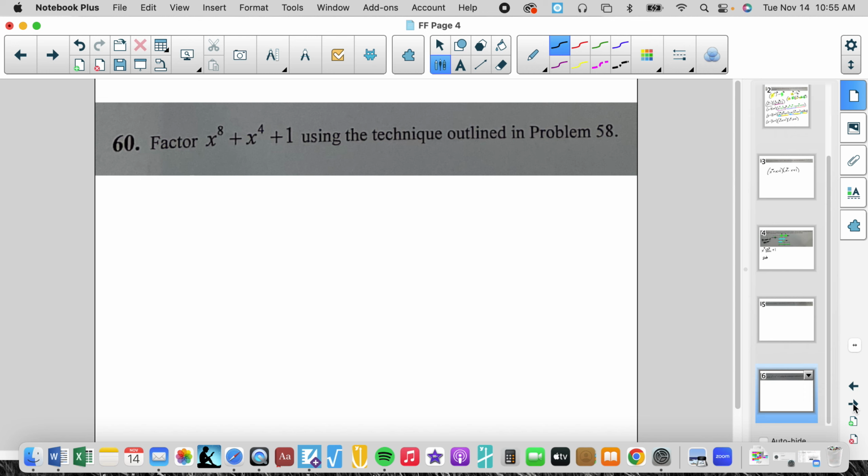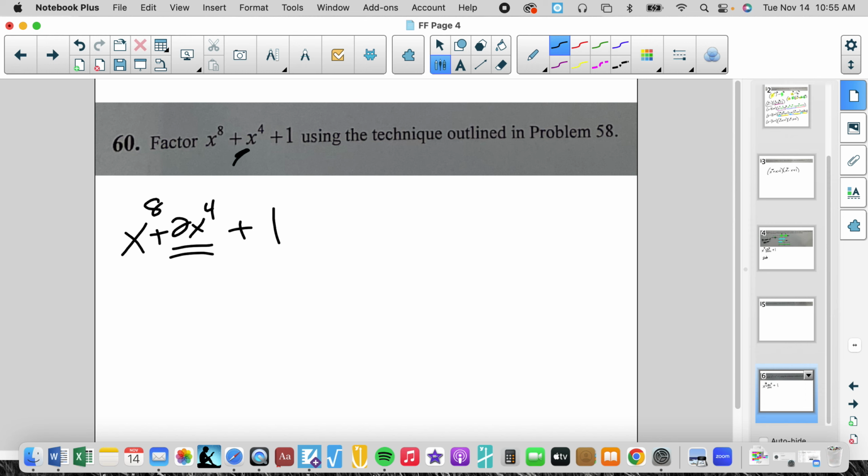Factor using the technique outlined. So we would do, you take, and what do we need this middle term to be? Well, we need it to be 2x to the 4th.